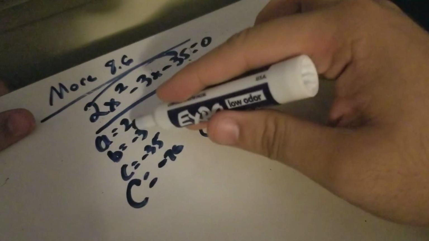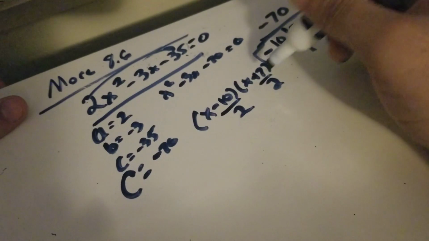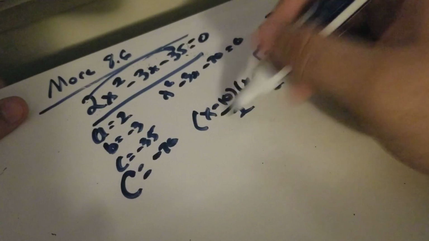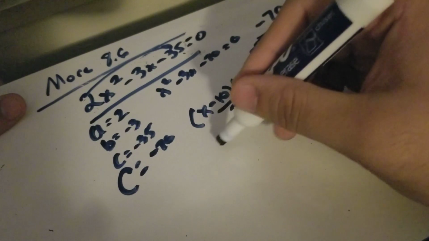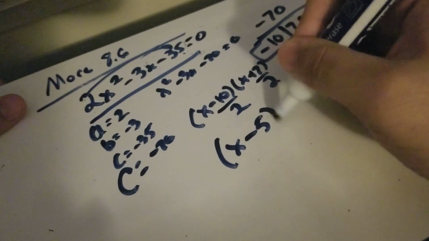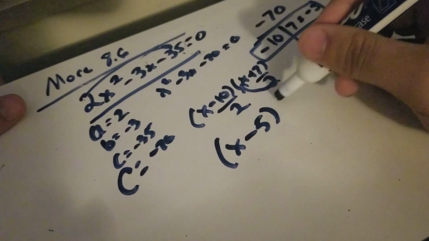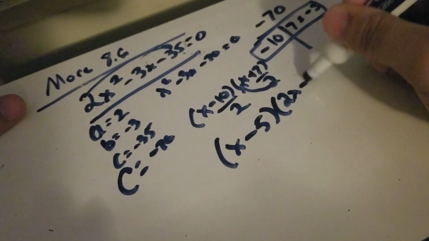But don't forget, you have to divide by the original a, which is 2 and 2. So this one over here reduces down to x minus 5. And this one right here, you have to move the 2 in front. So it becomes 2x plus 7.